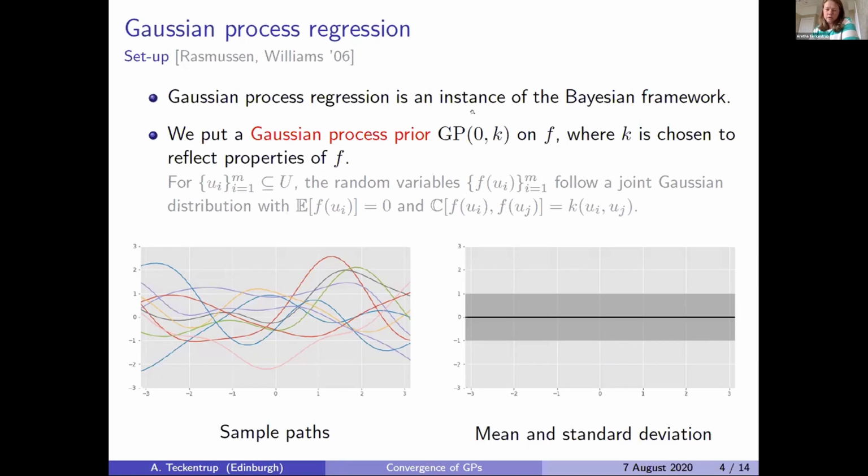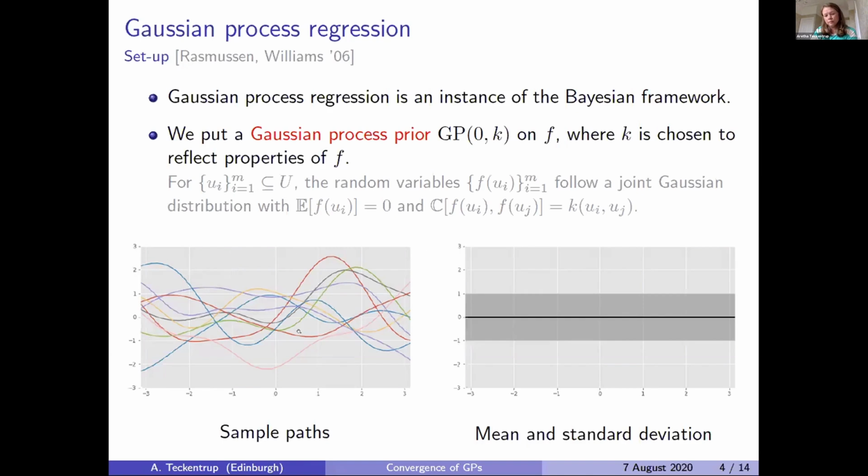The two inputs that we have here: the first one is a mean function. I've chosen mean 0 here for simplicity, but everything that I'm going to say in the talk also holds for non-zero mean. The mean gives you the expected value of f at u_i, and then the covariance kernel k gives you the covariance between two different points. Right? So k evaluated at some points u_i and u_j is going to give you the covariance between f at u_i and f at u_j. Okay, so this is the mathematical definition.